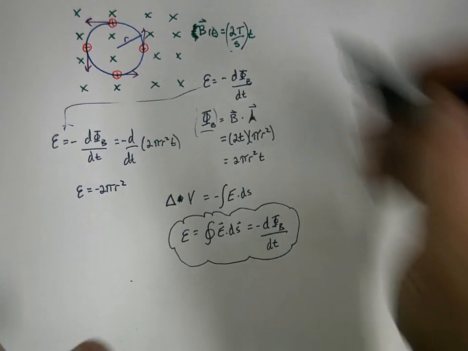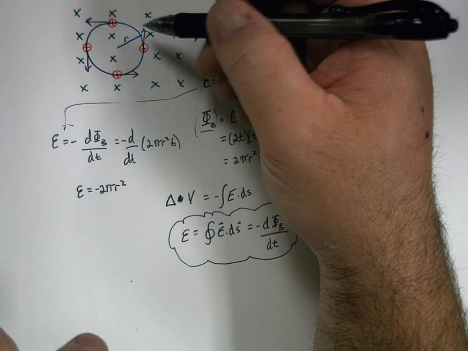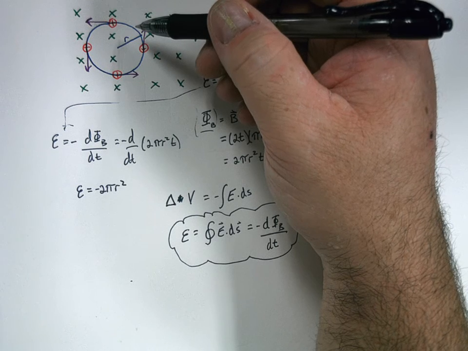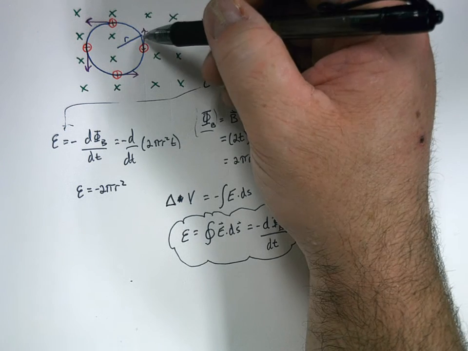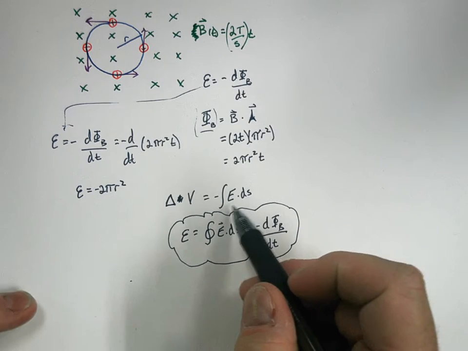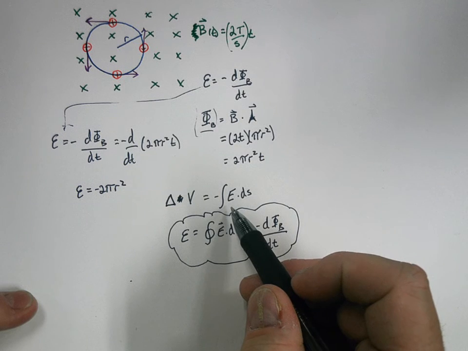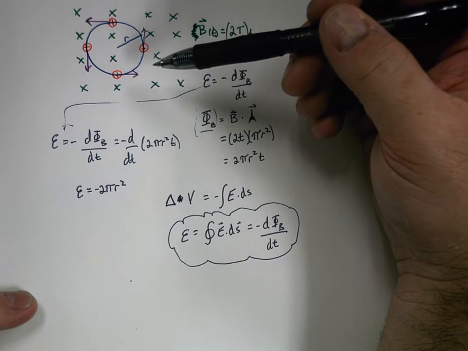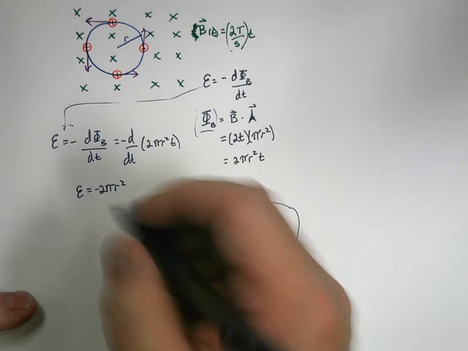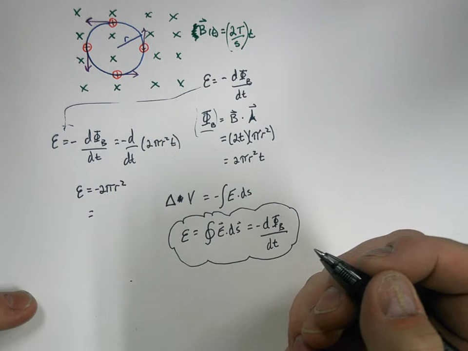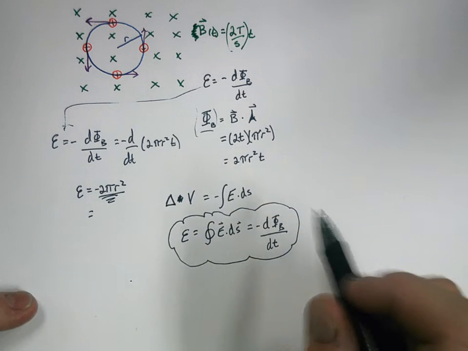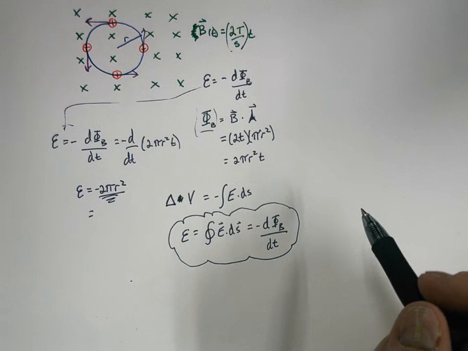The circumference, which would be how much? 2 pi r. And our field is going to be based on the distance from the charge, which would be the other r. So that's where this is coming in. It's to show the relationship of the 2 pi r and show that that's the ds.